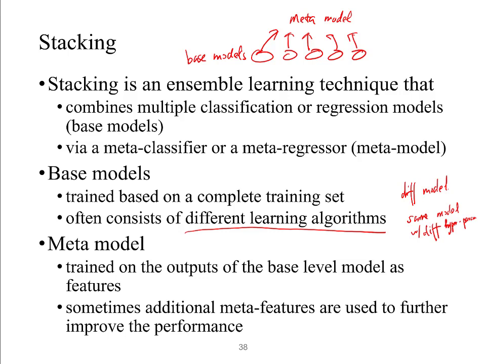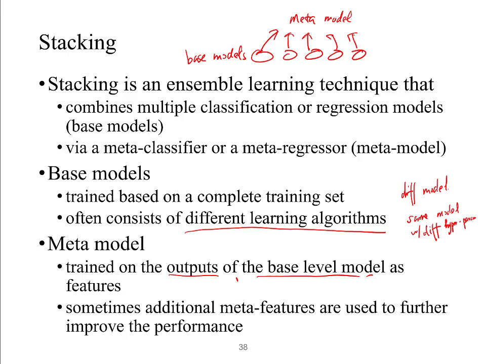And the meta model is trained on the outputs of the base models, and they actually use the outputs of the base models as features, and sometimes additional meta features are also used to further improve the performance. In the project, we will use the output of the base level models as features, or as the first part of the features.